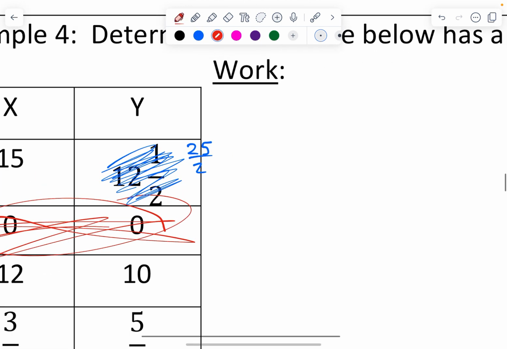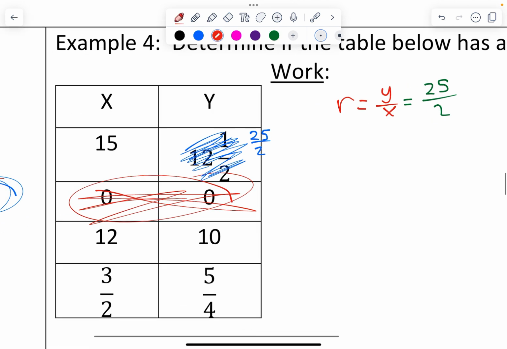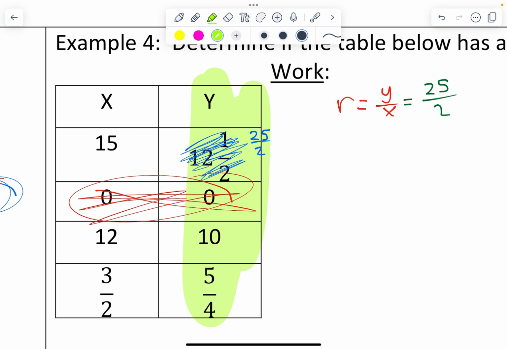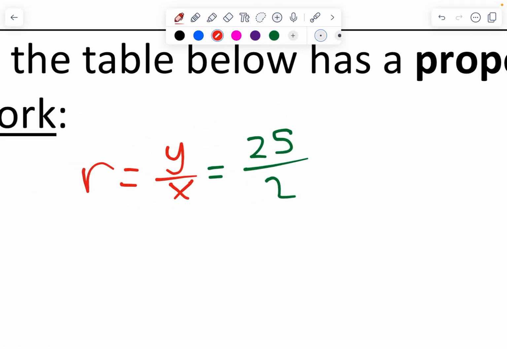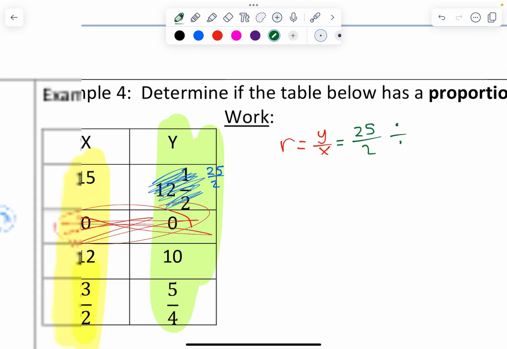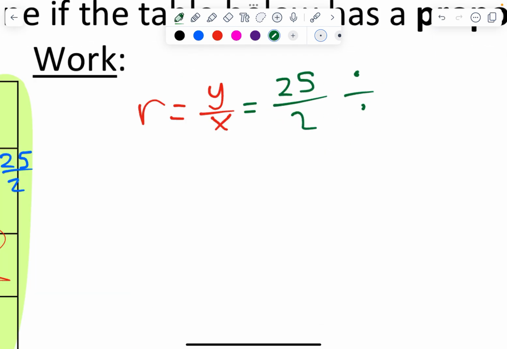So my y is 25 over 2. And then my x is 15.